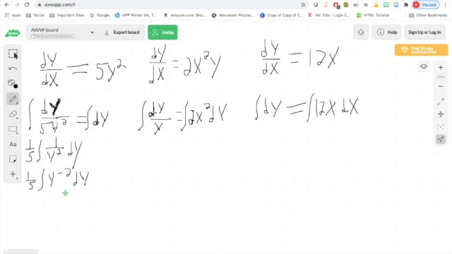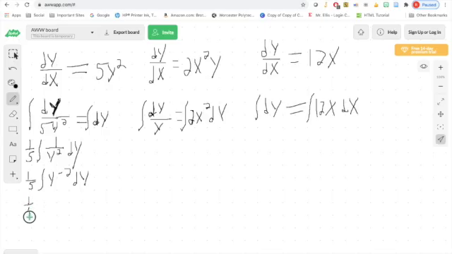Now we use some reverse power rule. We add 1 to the exponent for -1. That becomes our new exponent. And we bring that to the front, 1 divided by that number. 1 divided by -1 is -1. So that is going to be -y to the -1.